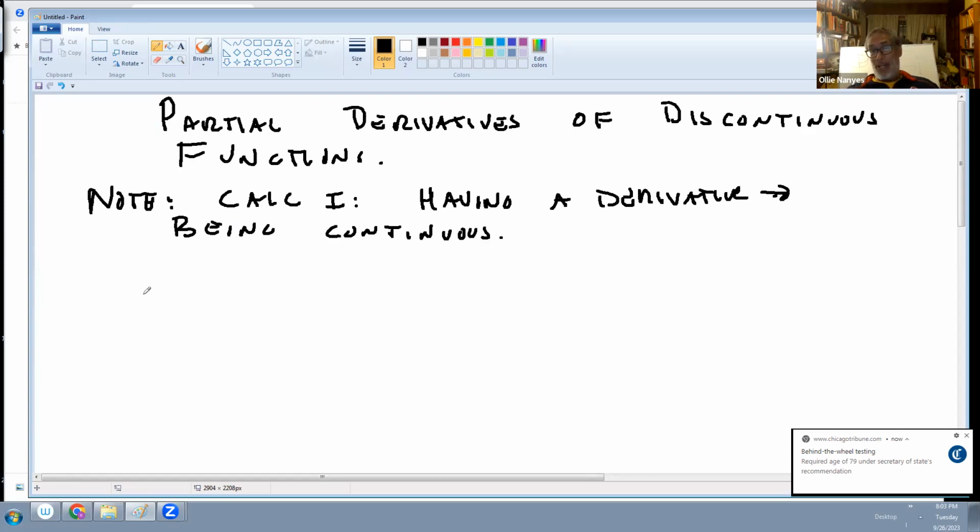But having partial derivatives does not mean being continuous in Calc 3, as we'll see in a second. So first, let's start off with an obvious example.